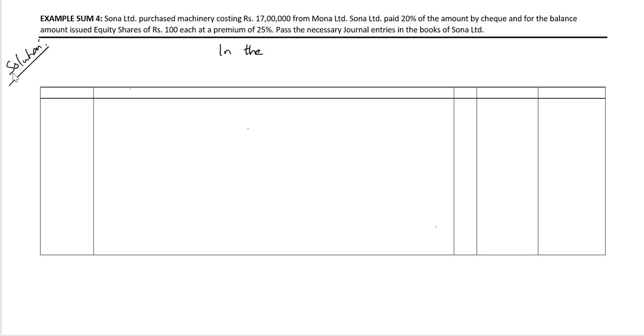In the books of Sona Limited, journal. We have date/serial number, particulars, LF number, debit rupees and credit rupees.